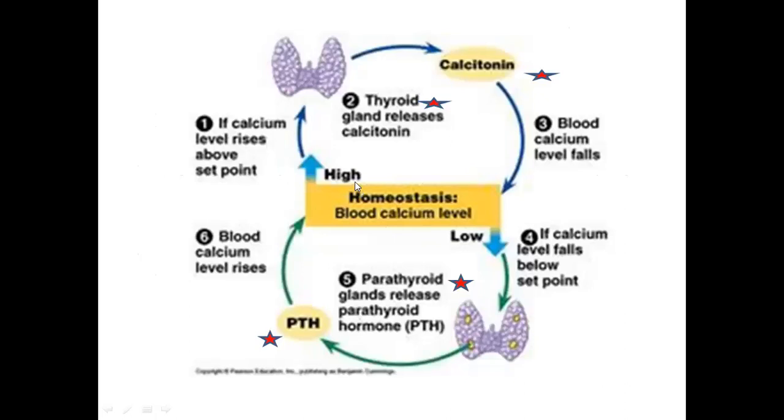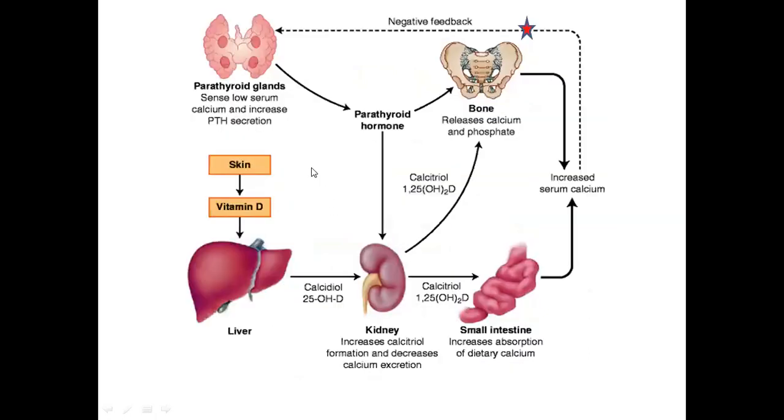Now, in this flow chart, when there is high calcium level, the thyroid produces calcitonin, and calcitonin functions to bring back the blood calcium level to normal. And whenever there is low concentration of calcium in the blood, the parathyroid gland produces parathyroid hormone, which tries to bring back the calcium level to normal. So the PTH is increasing the blood calcium level and calcitonin is decreasing the blood calcium level. Both of them function in opposition to each other.